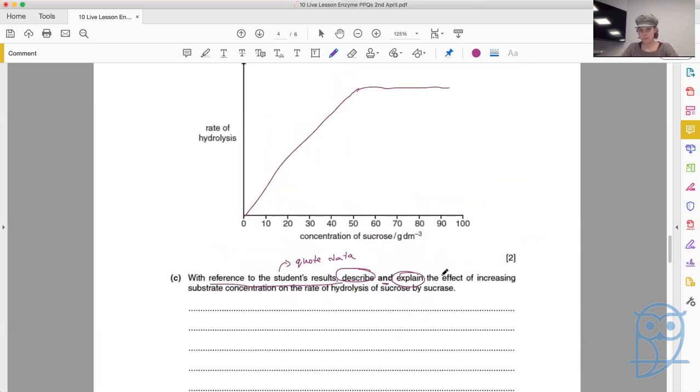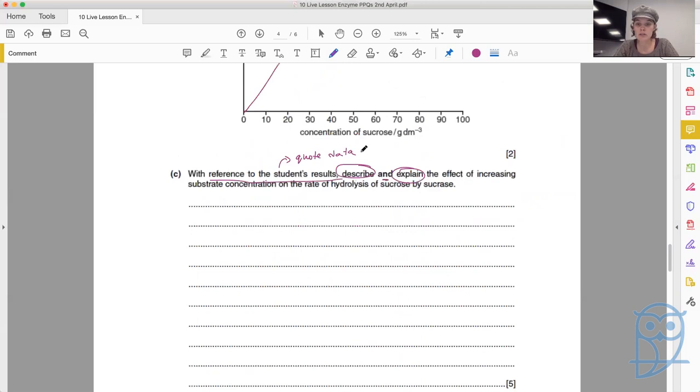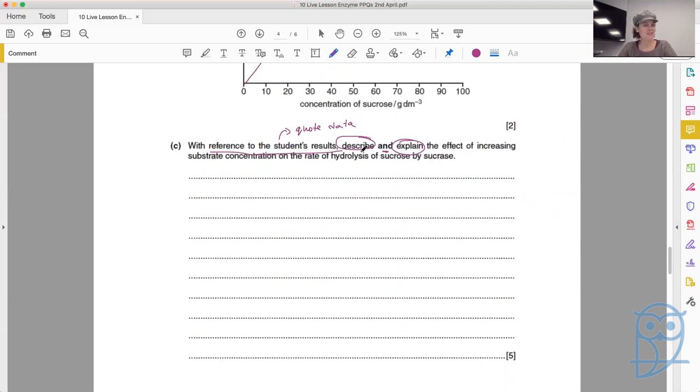Describe and explain. Well, our graph has 2 zones roughly. This increasing zone and the flat zone. So let's do a description and an explanation, a description and an explanation. There's 4 valid points. Mark allocation is 5, so we just need to add 1 more explanation point, and then we've got 5 marks. But of course, when you're doing these for revision, for learning, for understanding, you aim to max out.